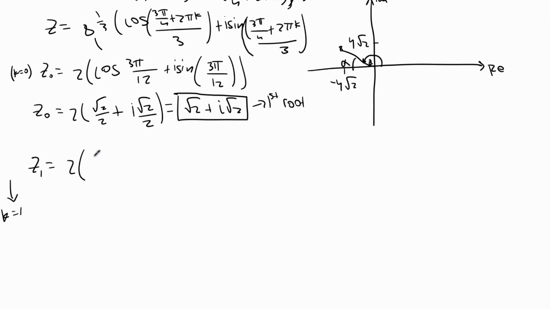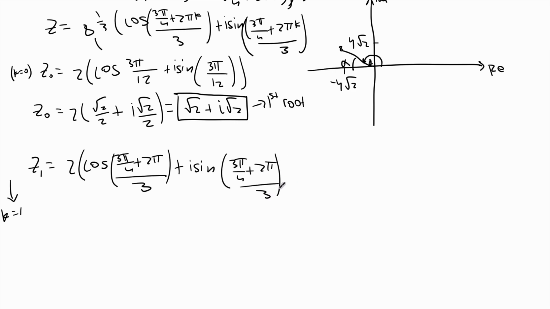So it's going to be cosine of 3 pi over 4 plus 2 pi over 3, plus i sine of 3 pi over 4 plus 2 pi over 3. Now let me simplify this, and then we're going to have our second root.